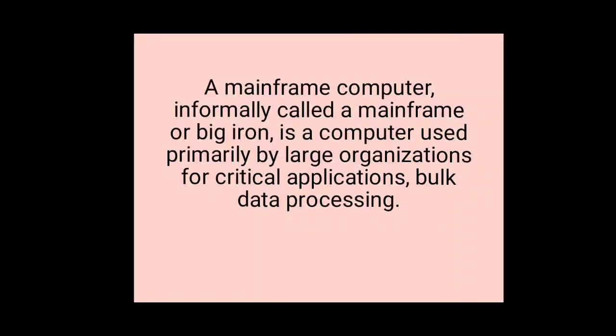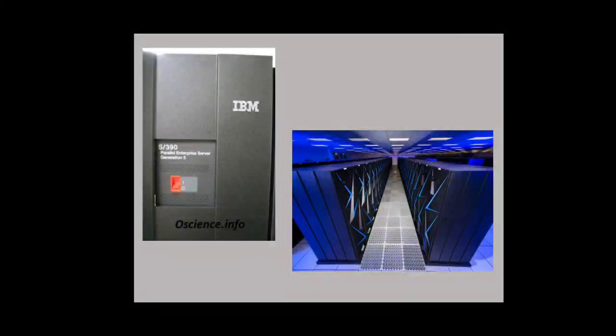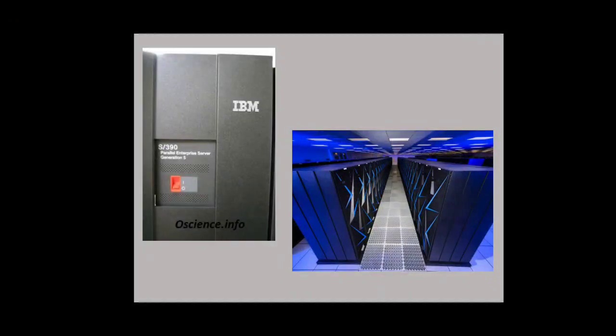Examples of mainframes are from IBM. The first picture is the IBM S/390, a type of supercomputer. The next picture is the Control Data Cyber 176. Amdahl 580 is also an example of a mainframe or supercomputer.